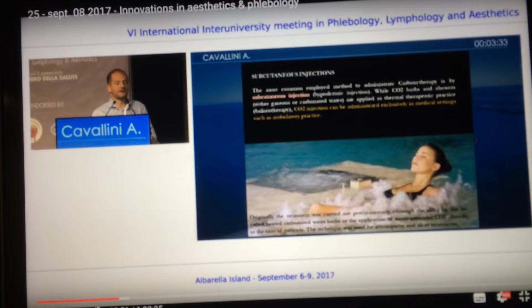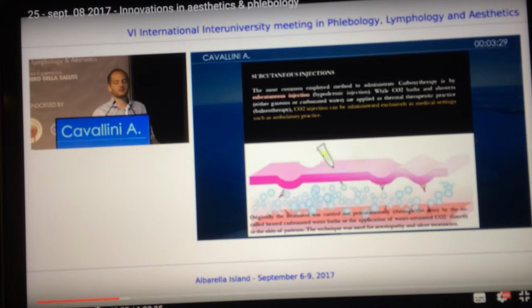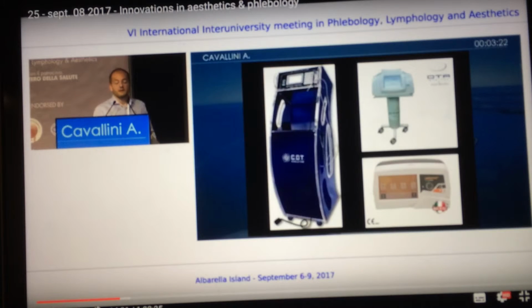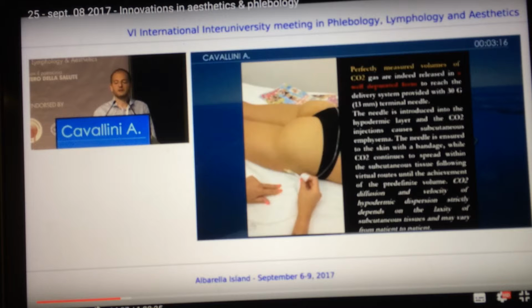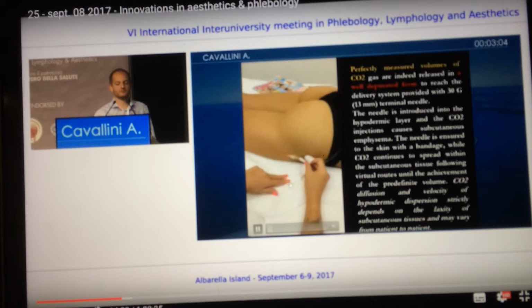This therapy was created in the 30s in France as a thermal therapy, contact therapy, but as a matter of fact, we are injecting into the subcutaneous tissues, and therefore we have to do it in a laboratory. We've got special devices at present that are very sophisticated and that enable us to dose flows and volumes precisely in order to change and adapt the treatment depending on what we need to achieve, with sterile equipment.